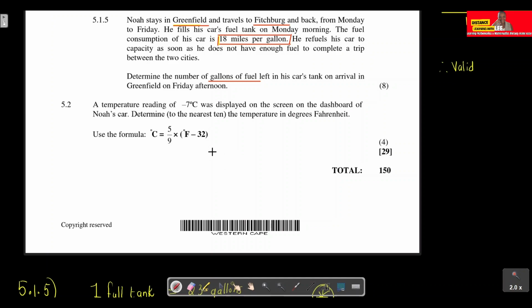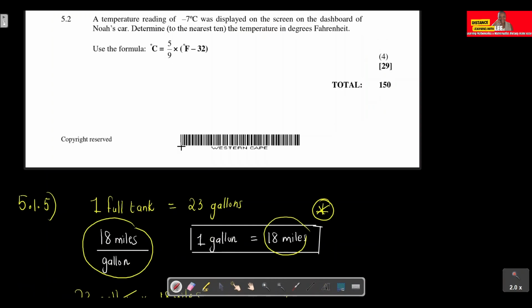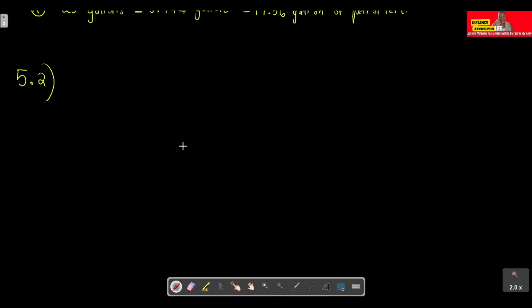We are just going to be substituting our known values and then isolate the F. So I'm just going to rewrite the formula here. We want to convert your -7 degrees Celsius. We're given the formula degrees Celsius is equal to 5/9 multiplied by degrees Fahrenheit minus 32.